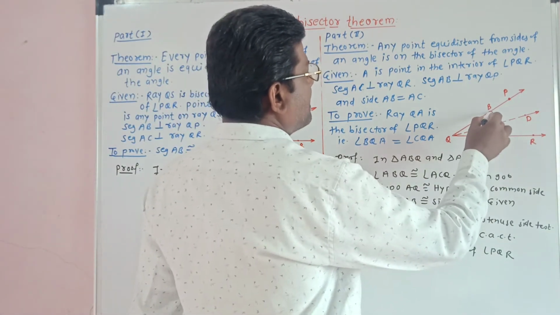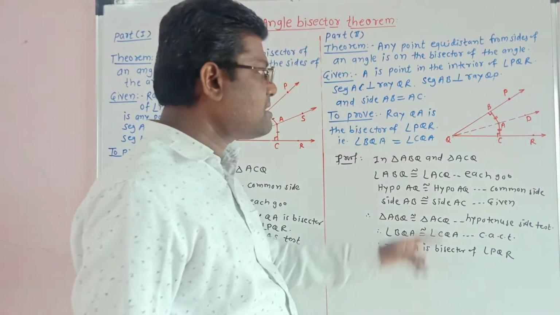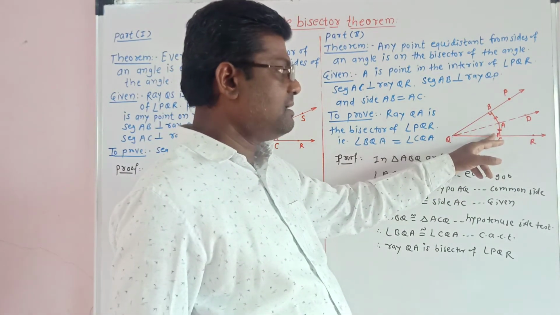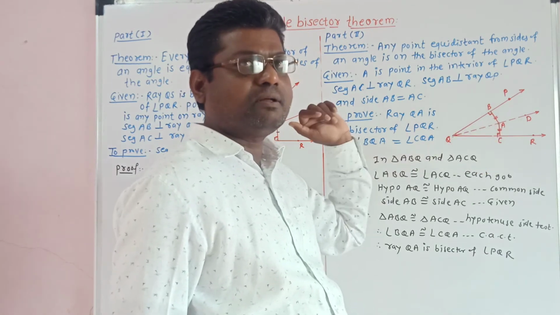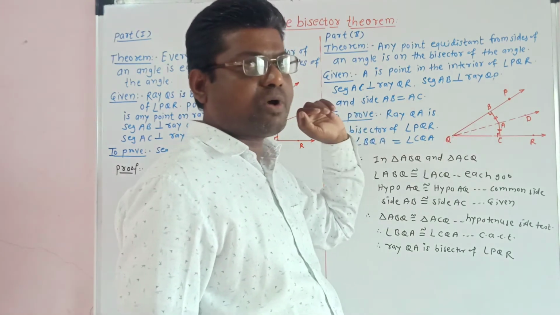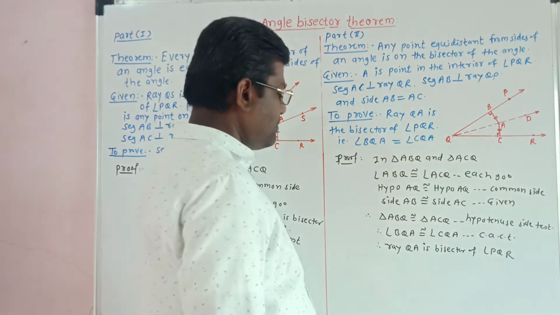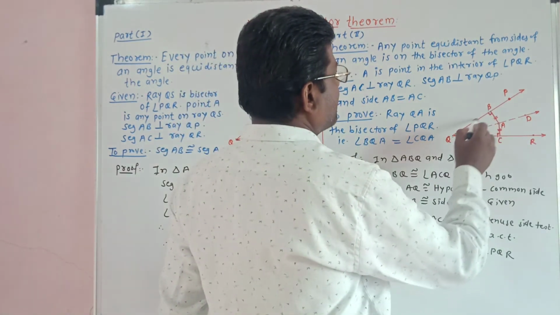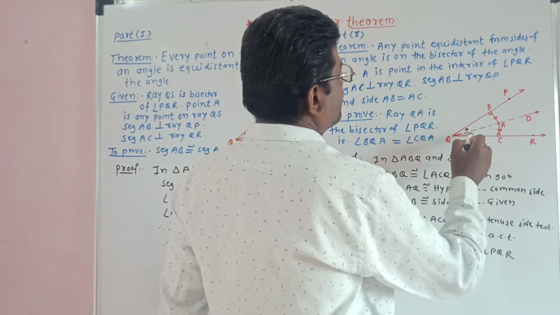Therefore triangle ABQ is congruent to triangle ACQ. In these two triangles one angle is 90 degrees, one side is congruent and the hypotenuse is common. Therefore these two triangles are congruent by the hypotenuse-side test. Therefore angle BQA is congruent to angle CQA.